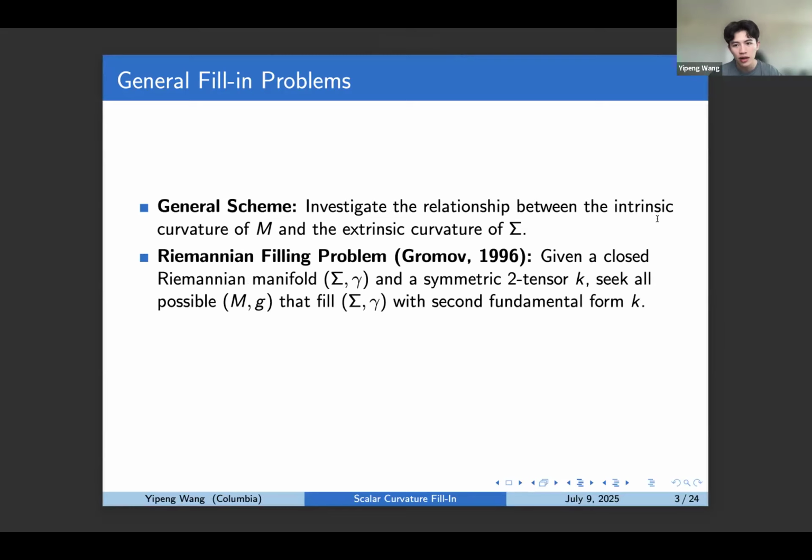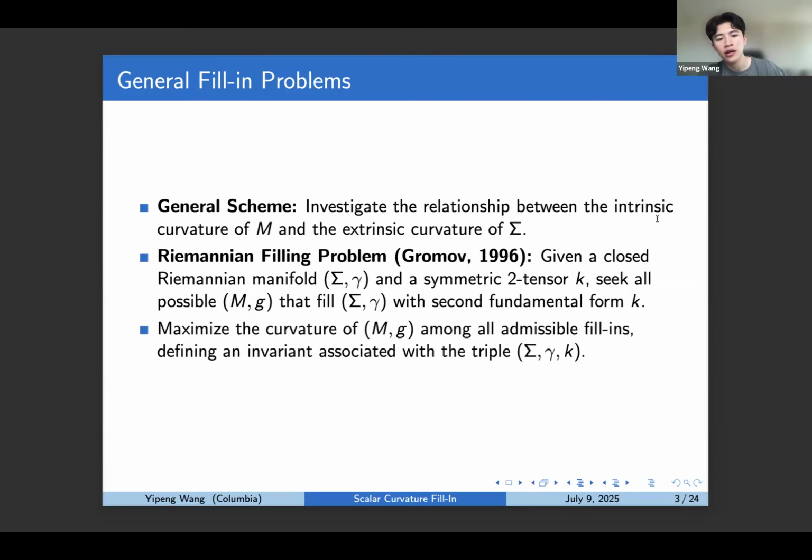You start with a closed Riemannian manifold and fix a symmetric two-tensor K. Then you look for every possible Riemannian manifold one dimension higher, such that the boundary is given by the closed manifold you're starting with, and you prescribe the second fundamental form K. Essentially you are fixing the boundary data and looking for every possible filling.